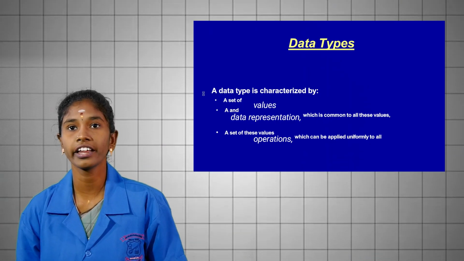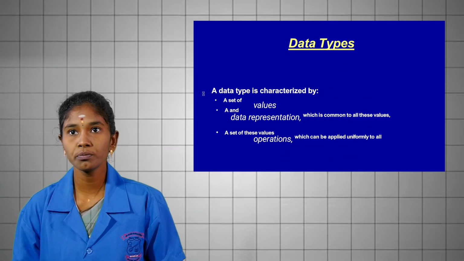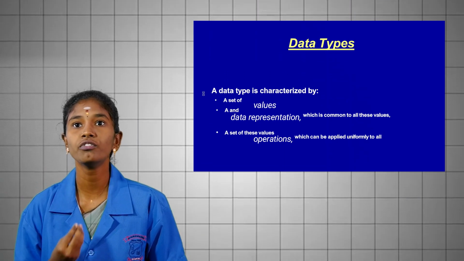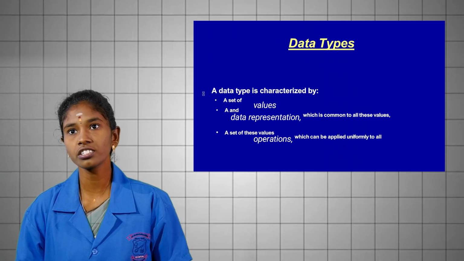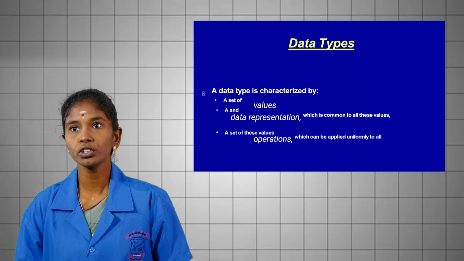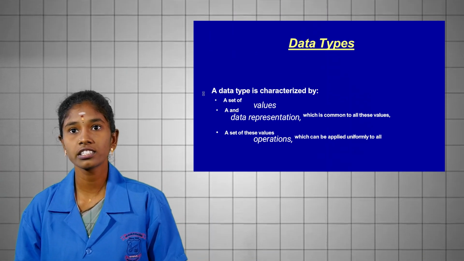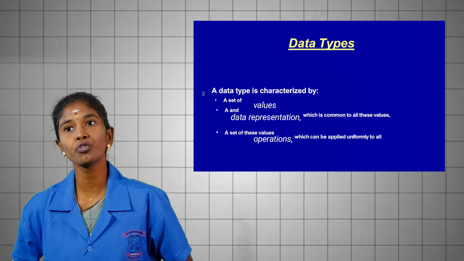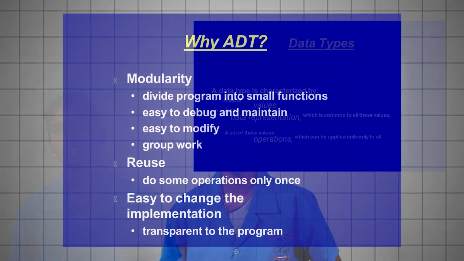The next is data type. A data type is characterized by a set of values and a set of operations which can be applied uniformly to all these values.